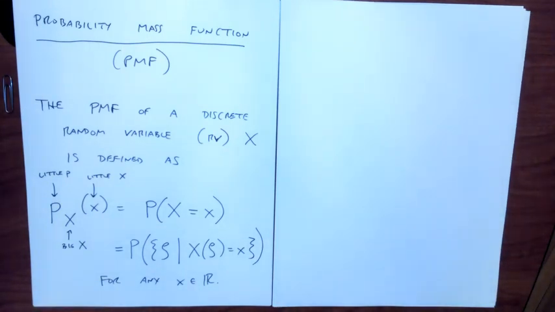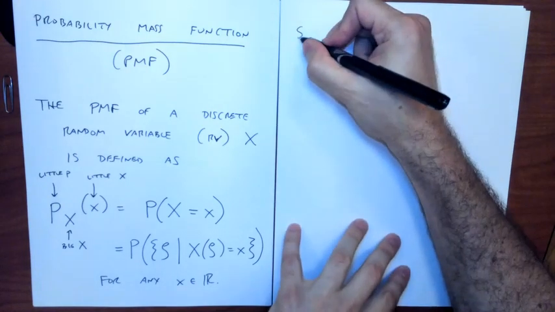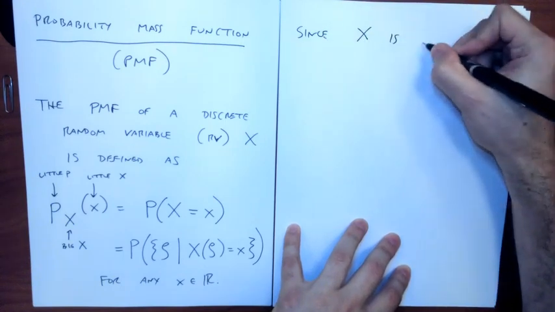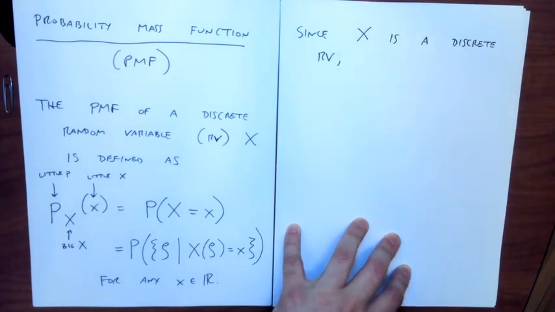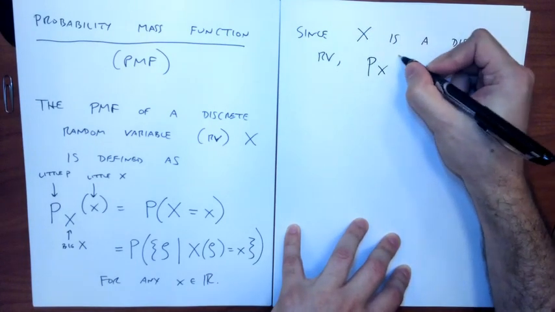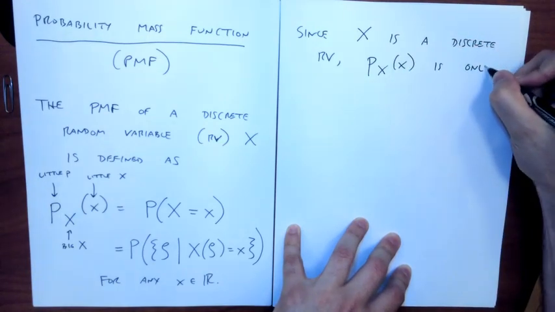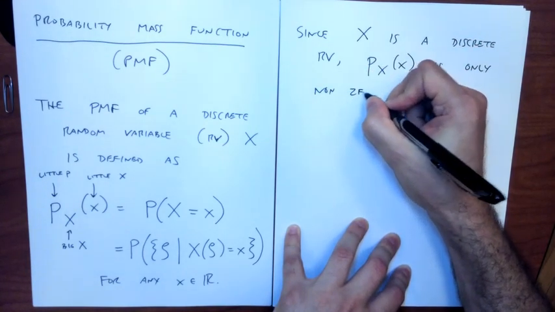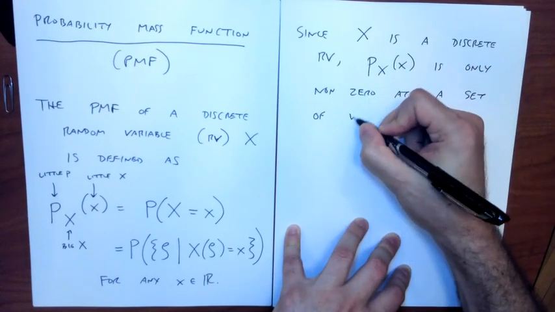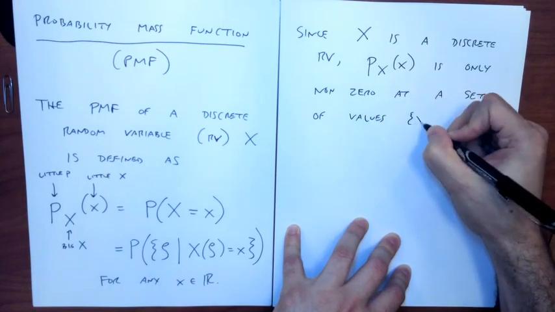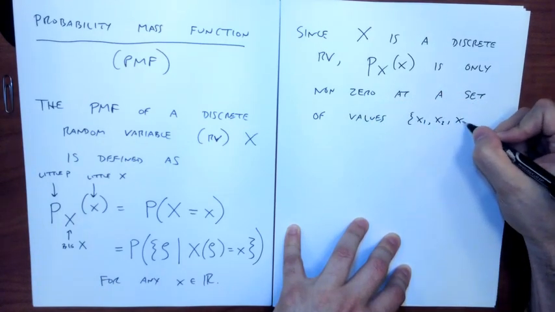Now I said that the setup for today is that X is discrete, right? That means that I can only get one of a countable set of possibilities, right? So since here X is a discrete random variable, this probability mass function is only non-zero at a set of numbers x1, x2, x3, and so on, right?